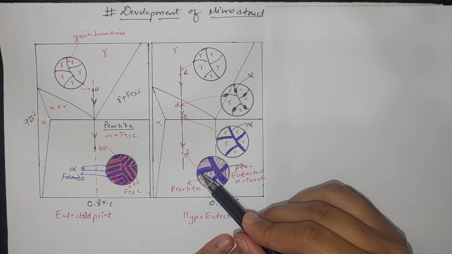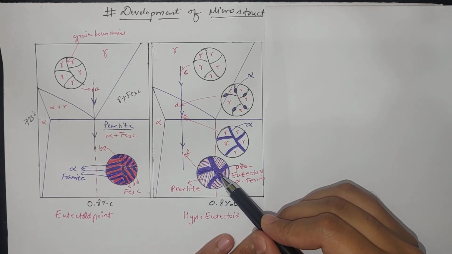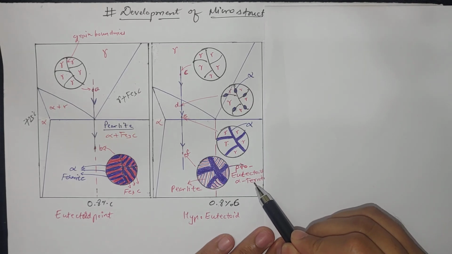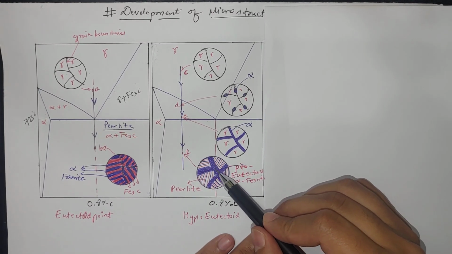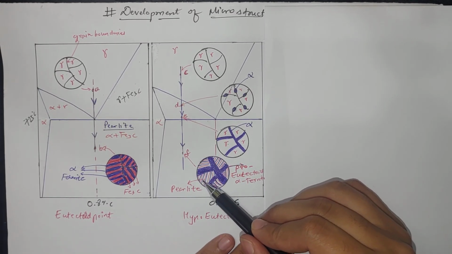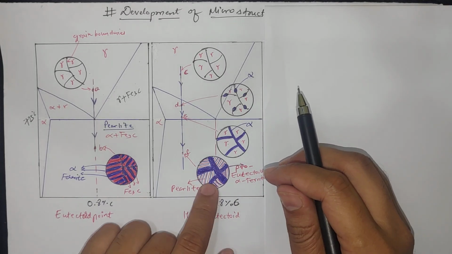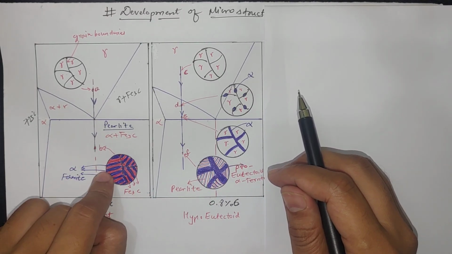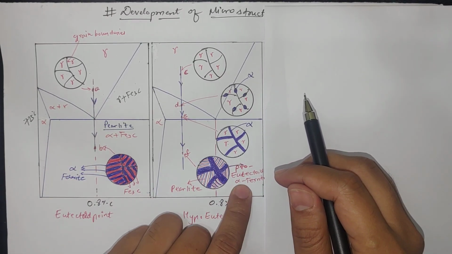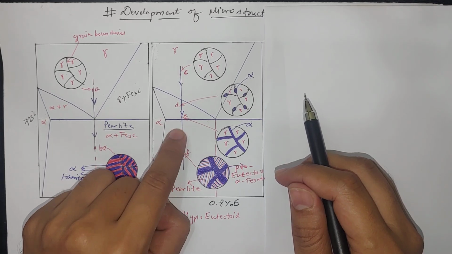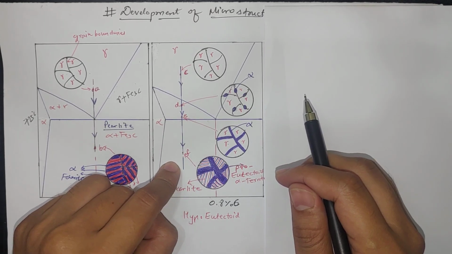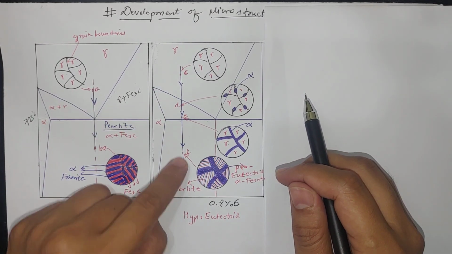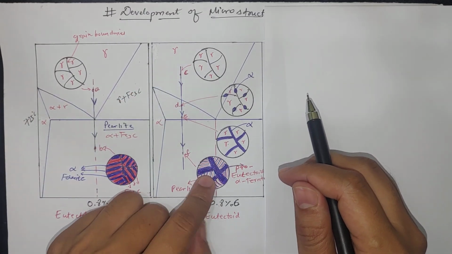So here the grain boundary is of alpha ferrite, which we call pro-eutectoid alpha ferrite, and the gamma converts to pearlite, which has the same lamination as the previous case. So pearlite plus alpha ferrite are present inside hypoeutectoid steels. By slowly cooling hypoeutectoid steel from austenite we get this kind of microstructure.